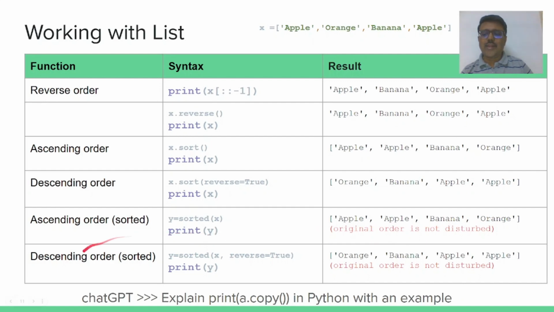Okay, similarly, descending order, again sorted x with reverse true, means the original is still maintained because you see it here, you are declaring a variable as y, and then sorted x means that sorted value you are keeping it here. Here the variable you are again declaring y, and then sorted x and reverse true you are keeping it here. That means your original order is no way getting disturbed. Okay, so this one. Let's quickly try all these things now.